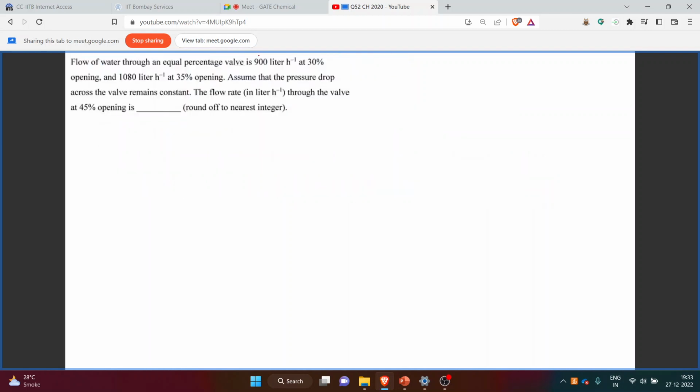So first of all, in this given question, we have been given an equal percentage valve. If we have to draw the characteristics of this equal percentage valve, we can draw it like this.